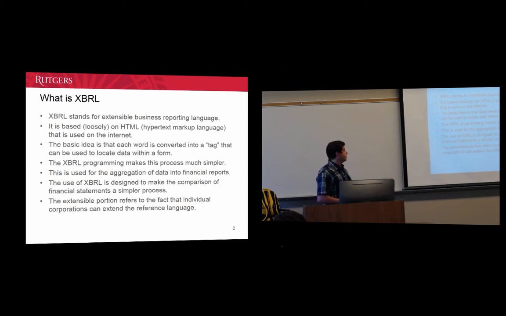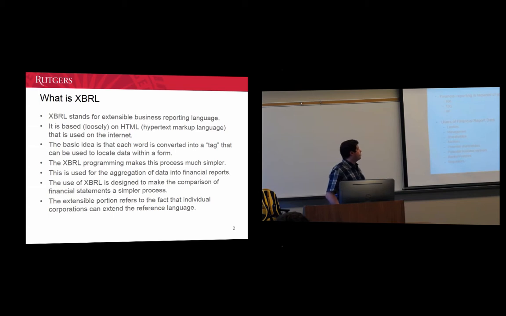It was originally designed for making comparison of financial statements much simpler for investors, but it's also being used, as we're going to see later on, by auditors to better manipulate the financial information, compare cross-sectionally and intertemporally from company to company. And as I mentioned, the extensible portion refers to the fact that individual corporations can adapt these tags and add customized tags if they have bits of financial information that aren't represented in the taxonomy. But the taxonomy is pretty complicated.